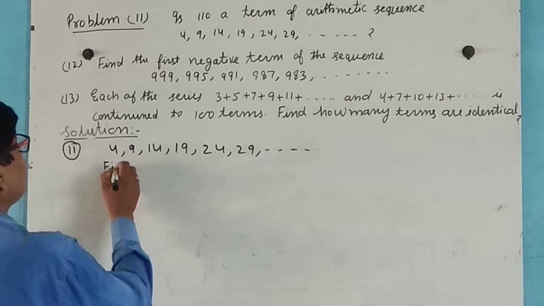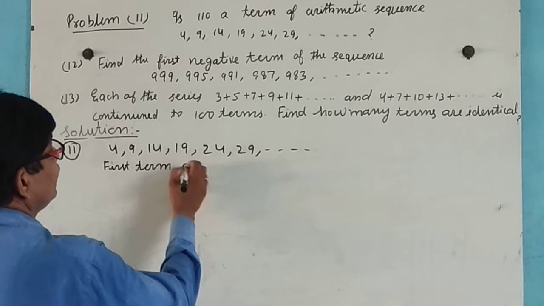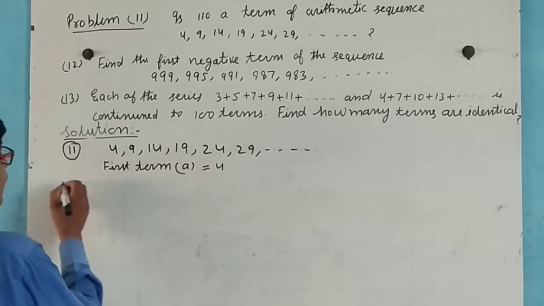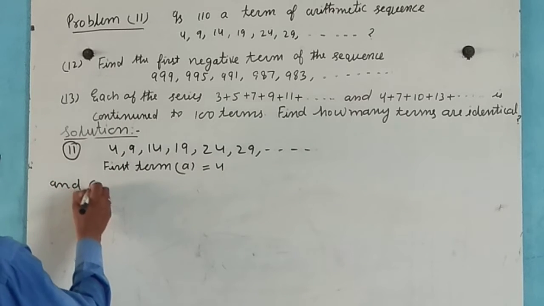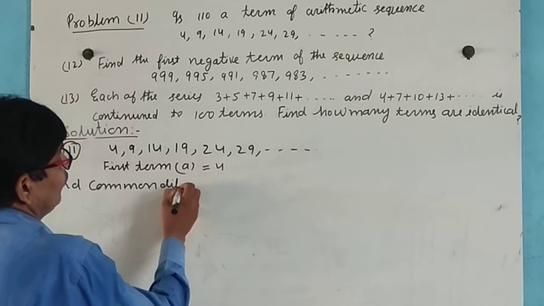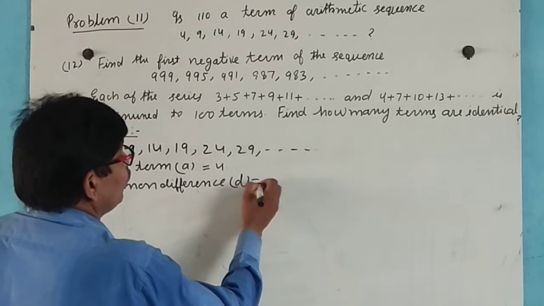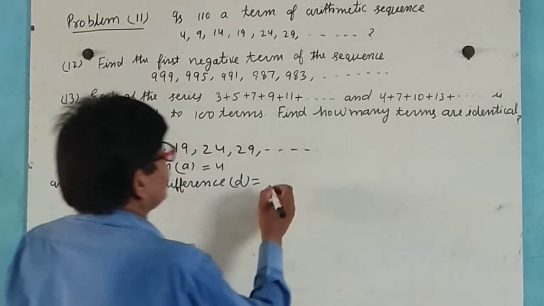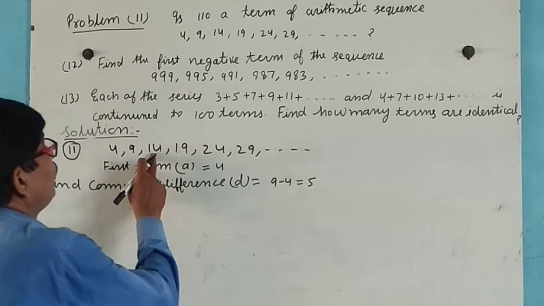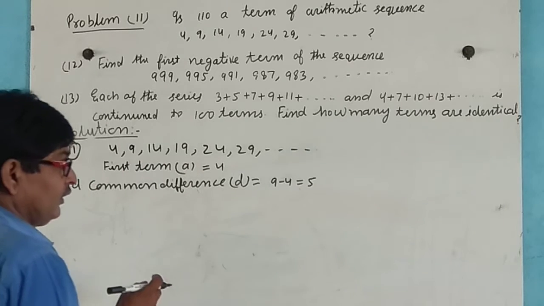First term A equal to 4 and common difference D equal to 9 minus 4 equal to 5, 14 minus 9 equal to 5.